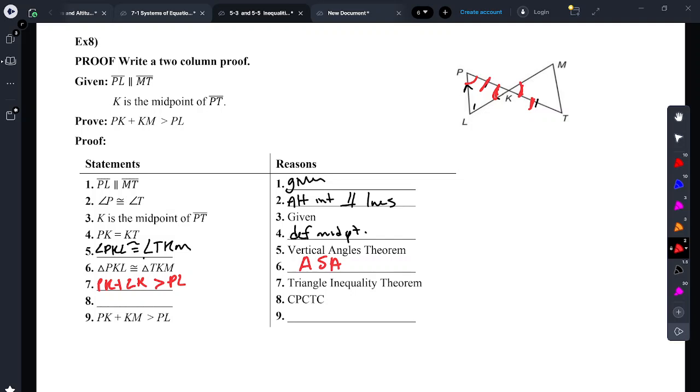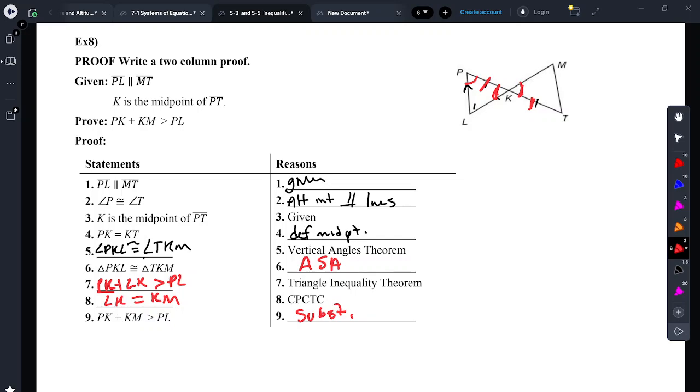I need to substitute KM for LK, right? So what do I prove here? LK is congruent to KM, right? Actually, I can just write it this way. Just write it this way. LK is equal to KM, right? By CPCTC, yeah? Thus, PK plus KM is greater than PL by substitution.